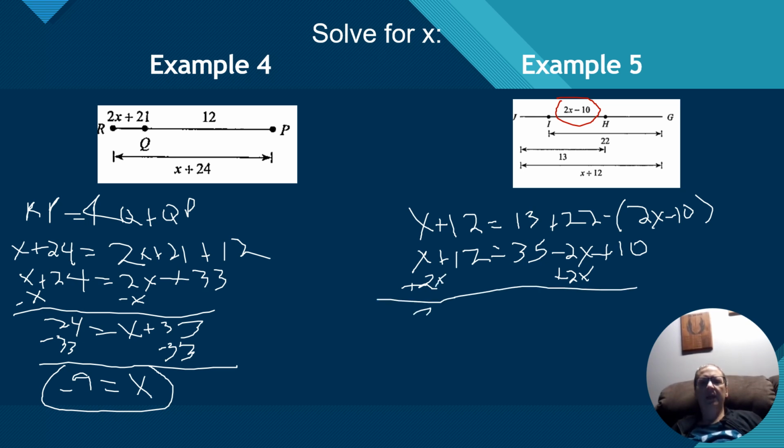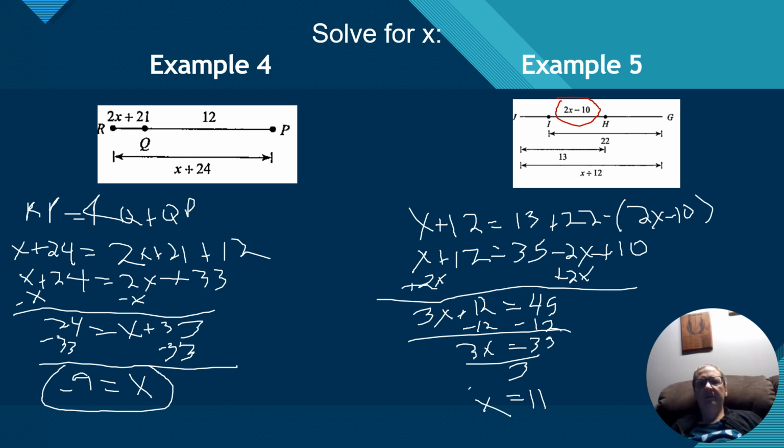Over here I have 3x plus 12 equals, and then we have 35 plus 10 over here is 45. So I'm going to subtract 12 from both sides. And I get 3x equals 33. Divide both sides by 3, and I get x equals 11. So that's my final answer.